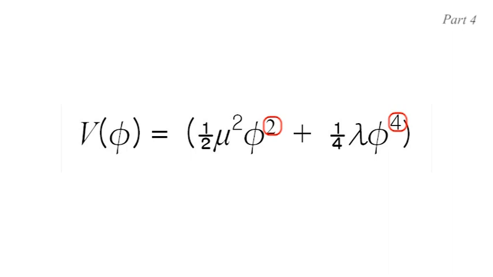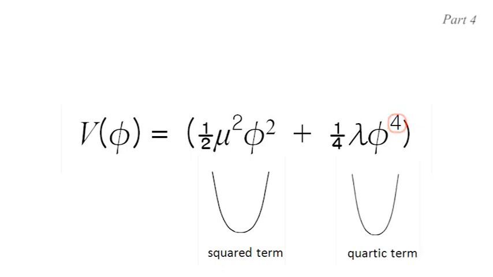You probably already know that, generally speaking, anything that varies as the positive of the square of something will give a parabola going down and up. Anything varying as the positive of the quartic of something will give a shape that looks parabolic but will actually be narrower, if I can use that word, and will shoot upwards more sharply.